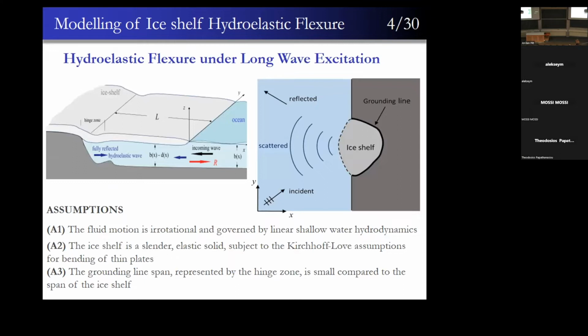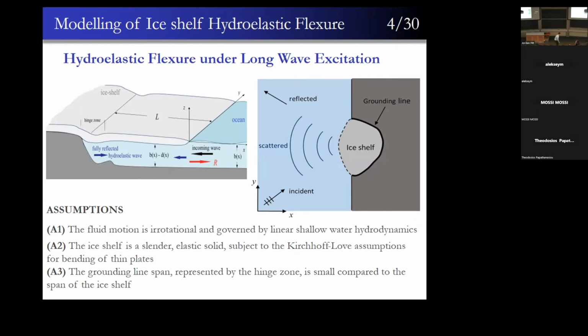My assumptions here then will be that the fluid motion is irrotational and governed by the linear shallow water equations. The ice shelf is slender, so yes, we have a thickness in the order of hundreds of meters, but the span is enormous. It is elastic, solid, and subject to the Kirchhoff-Love assumptions for plate bending.